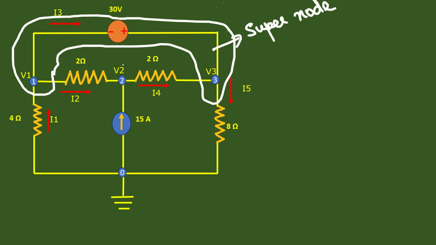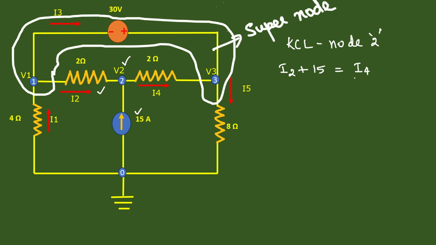Now we move on to the second node. For the second node we apply KCL at node 2. What are the incoming currents? I2 is incoming, this 15 amps is incoming, and I4 is leaving, isn't it? So I2 plus 15 amps is equal to I4.